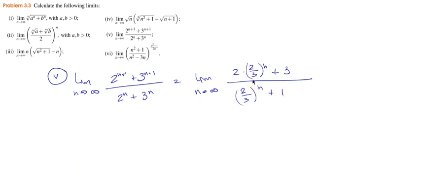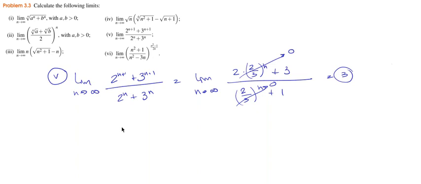Now the limit of this is going to 0, right? Because this is smaller than 1, and so the powers of something that's smaller than 1 as n goes to infinity go to 0. This is going to 0 as well. So the limit of this is 3, right? This is very similar to the first one, where we divided by the first term.